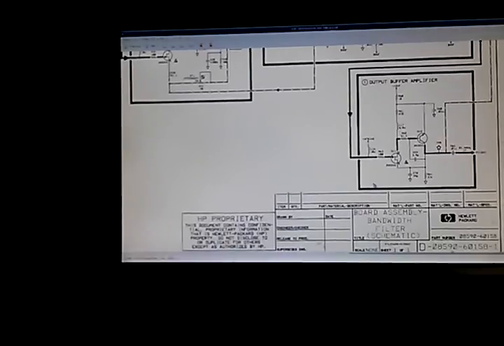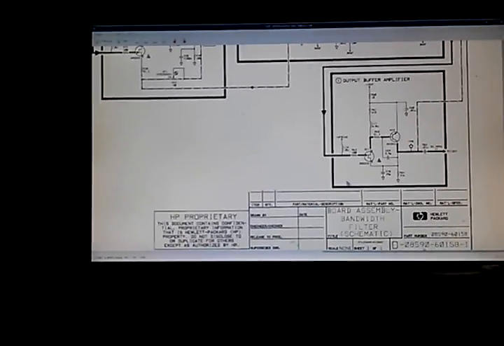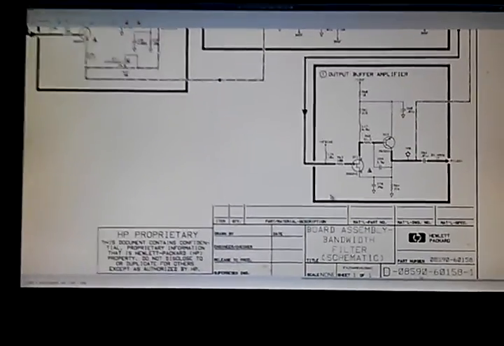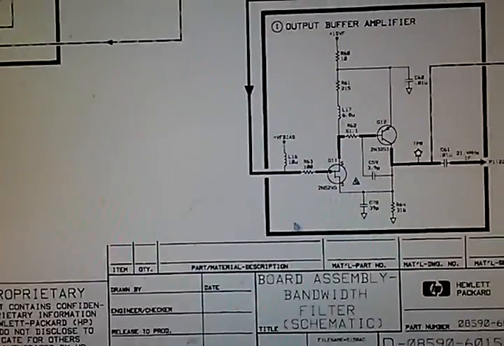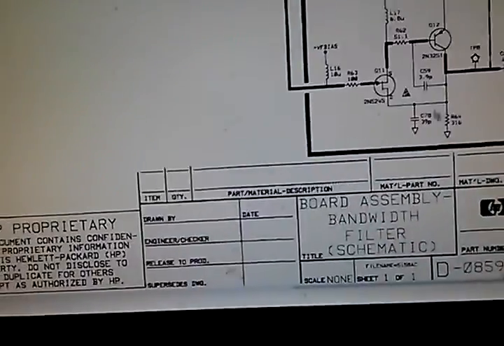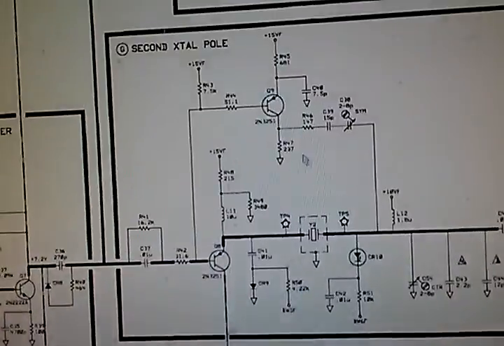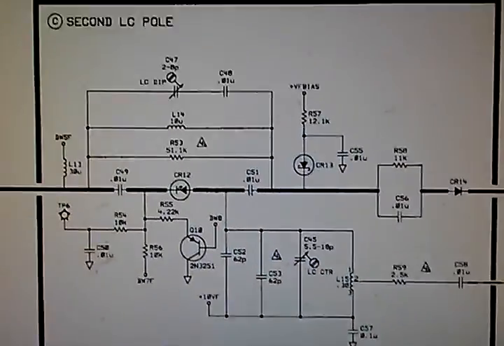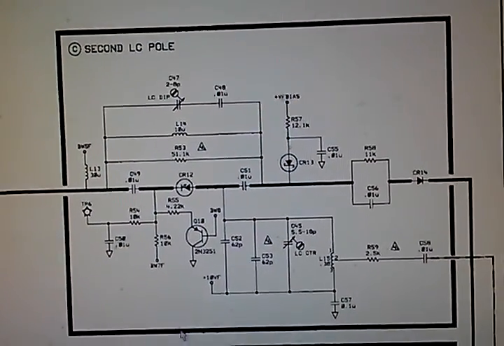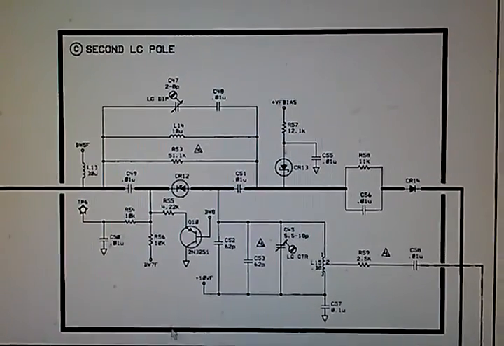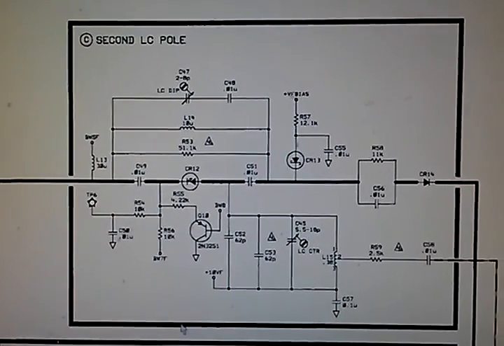So the next plan is to investigate, buy some parts, and try to figure out what's wrong with these filters and go from there. Right now, the culprit seems to be this guy right here, which, by the way, is on the A13 board, not the A11 board.